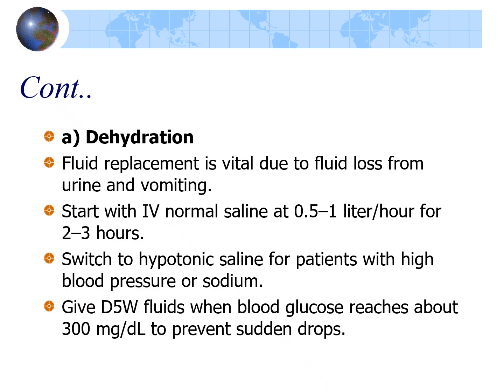After initial rehydration, hypotonic saline, which is 0.45%, may be used for patients with high blood pressure or sodium. When blood glucose drops to about 300 milligrams per deciliter, fluids with sugar like 5% dextrose in water are given to avoid sudden drops in blood glucose.